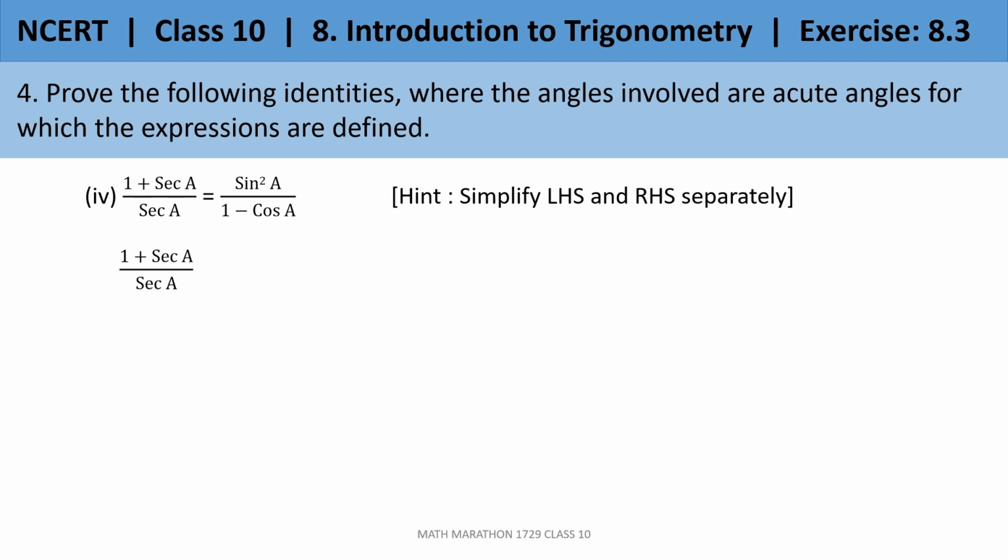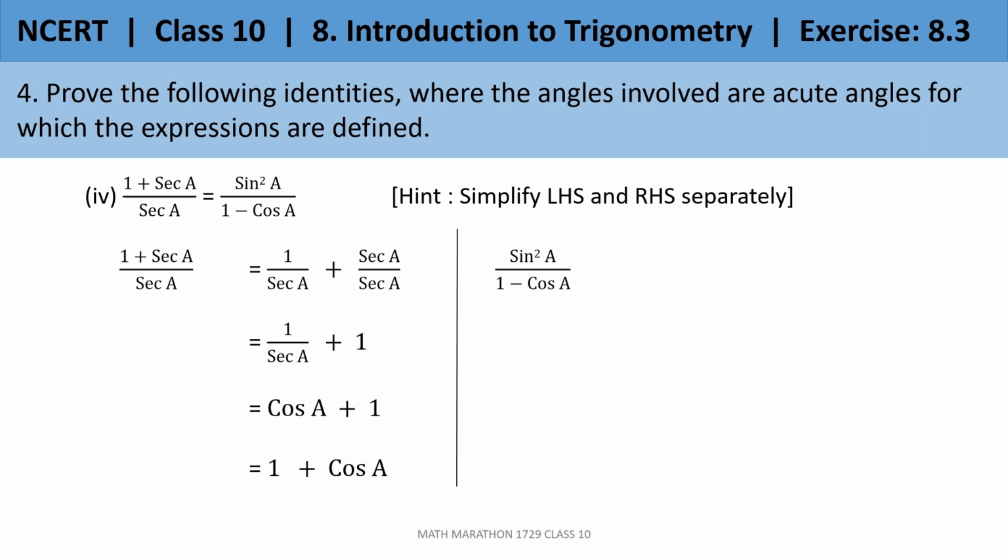Let us start with the left-hand side. (1 plus secant A) by secant A is equal to 1 by secant A plus secant A by secant A is equal to 1 by secant A plus 1. 1 by secant A is cos A, is equal to cos A plus 1 is equal to 1 plus cos A. So, left-hand side is equal to 1 plus cos A.